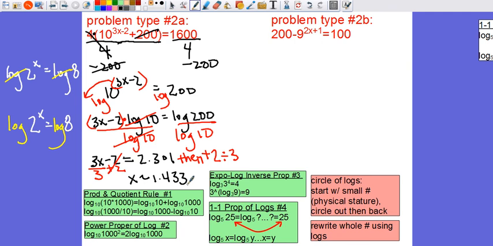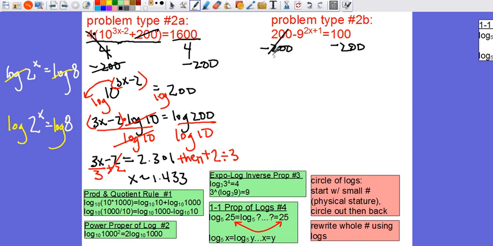All right, let's go ahead and do problem type 2b. Again, we're trying to get this by itself. So let's get rid of this 200 here.